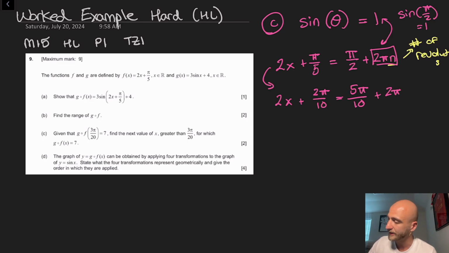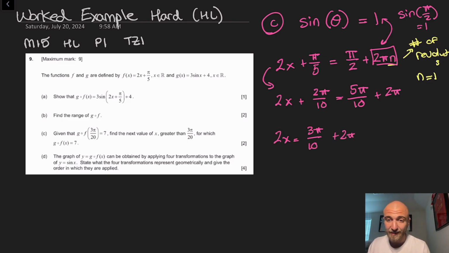So I'm going to essentially set, if we do this in yellow actually, n equals 1, we're going to go 1 revolution over. Just for the time being, it makes our lives a little bit easier, but you can leave the n in, it's also fine. Back to pink. Now we can combine those like terms. So we'll have 2x is equal to 3 pi over 10 plus 2 pi.